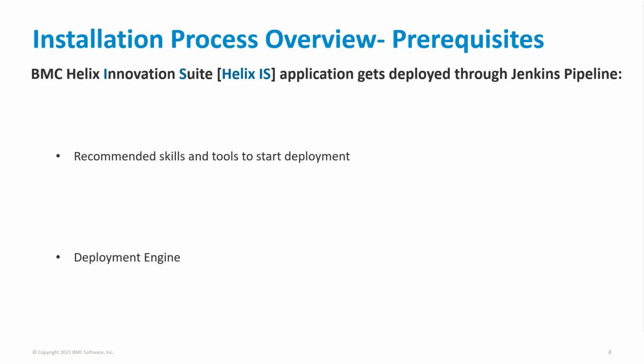From the BMC standpoint, it generally helps if you possess any of these recommended prerequisite skills, or knowledge of the tools required for this deployment. Those tools are Jenkins, Ansible, Helm, Git, kubectl, Docker, and also Linux and an Nginx ingress controller.